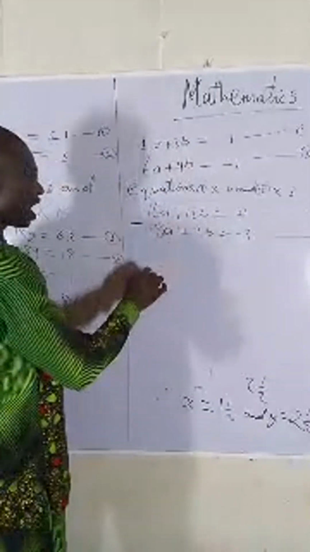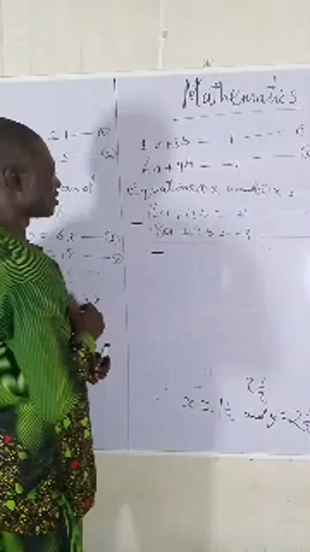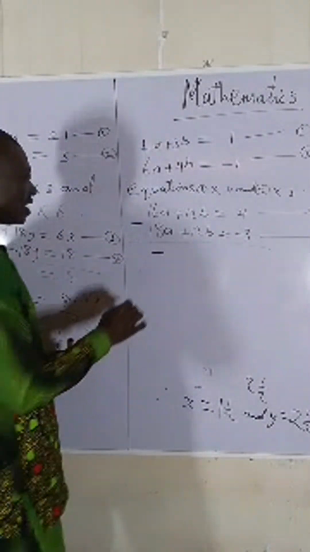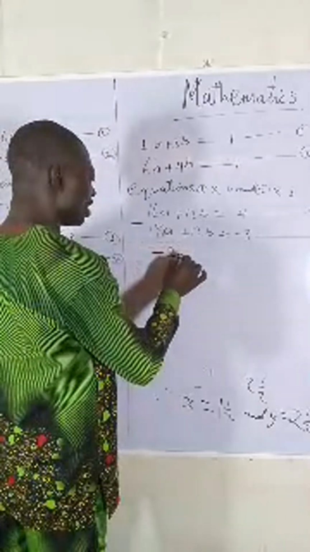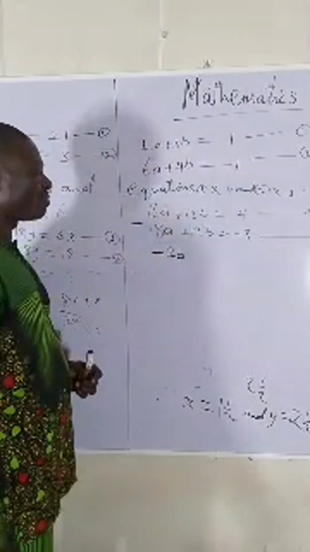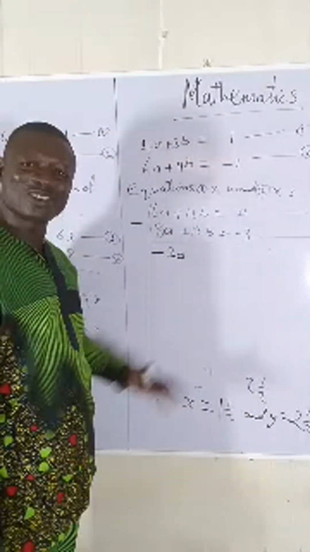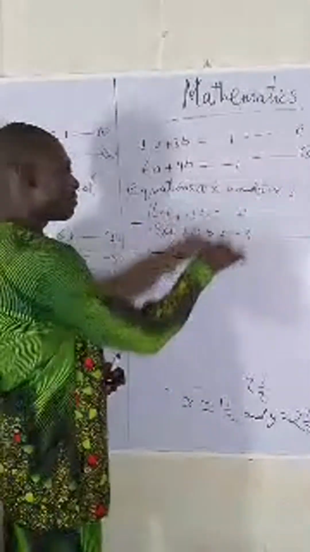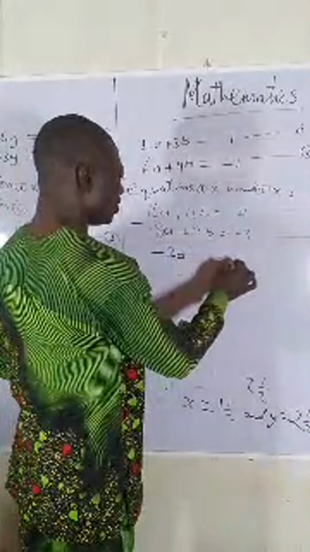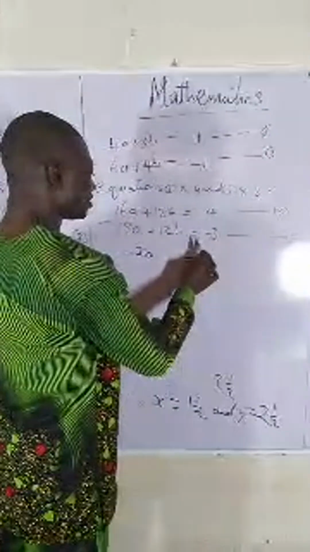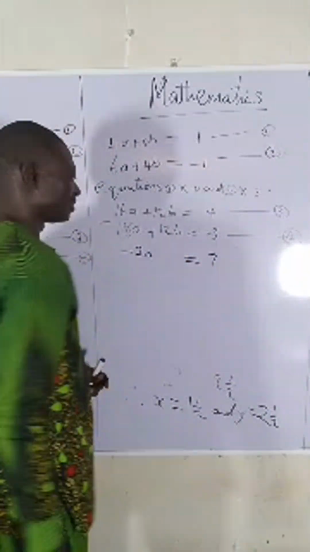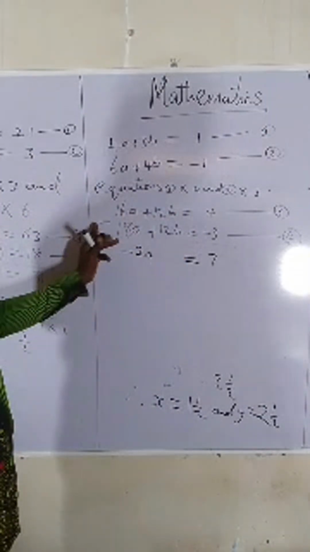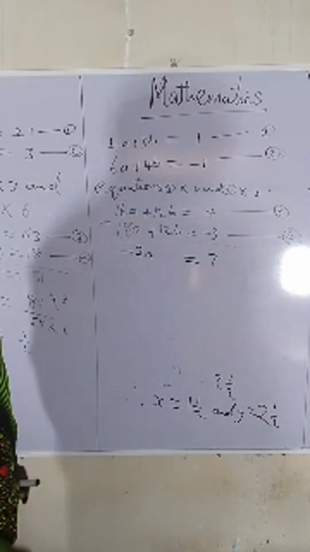When we do that, we're going to have 16a minus 18a will give us minus 2a. 12b minus 12b will give us 0, and so it has been eliminated. Then 4 minus minus 3 will give us plus 7. I hope you understand that. That's 4 minus minus 3 will give us plus 7.